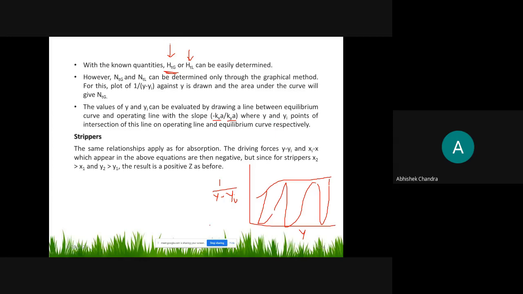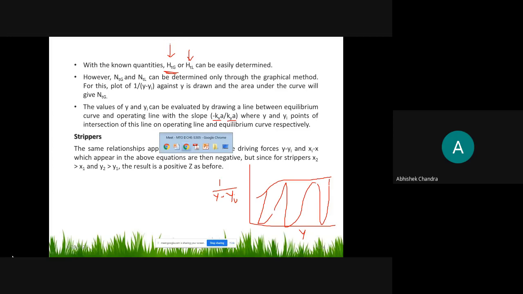I will show you how to draw this line and how to find the yi, because yi is important. This is an interfacial composition, so the interfacial composition is not known directly. You can estimate it with the help of the graph plotted between the equilibrium curve and operating line.